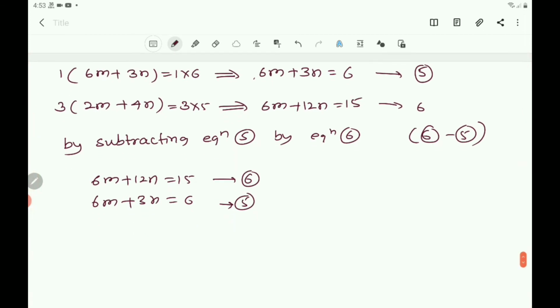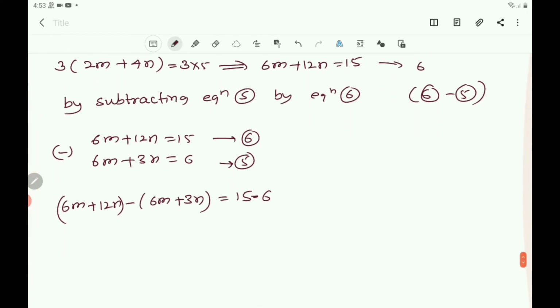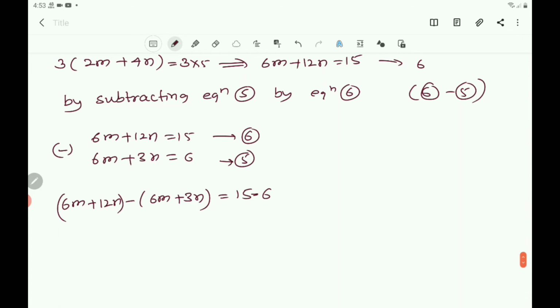Now you subtract. So you write 6m plus 12n minus 6m plus 3n equals 15 minus 6. LHS minus LHS equals RHS minus RHS. Then you open the bracket: 6m plus 12n minus 6m minus 3n equals 15 minus 6, that is 9.